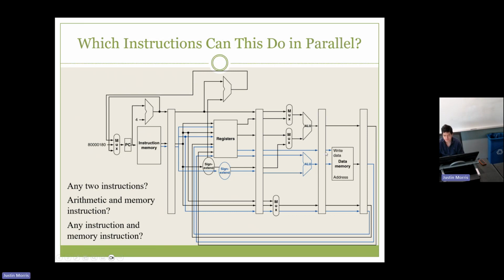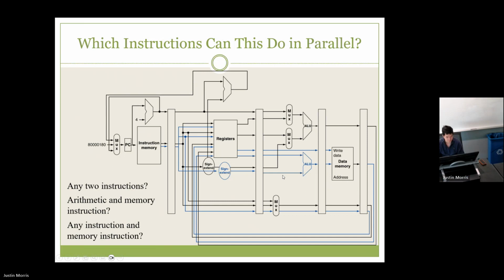And now we have 2 inputs into memory as well. And coming back to the register file, we have 2 inputs to write back to the register file. But we have not completely duplicated our pipeline, right? The top pipeline can do some subset of instructions, and the bottom pipeline can do a different subset of instructions.